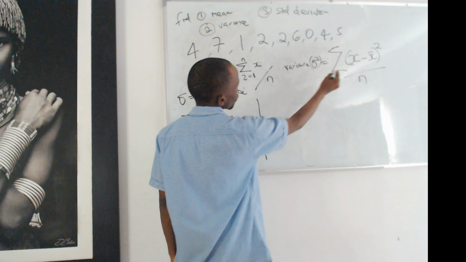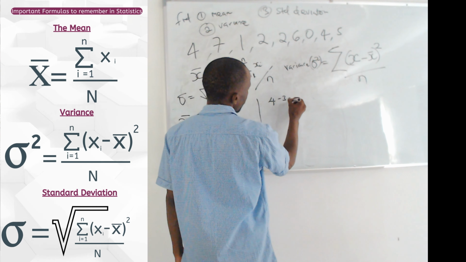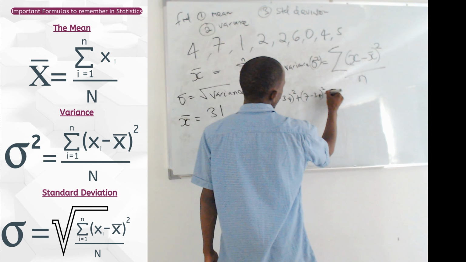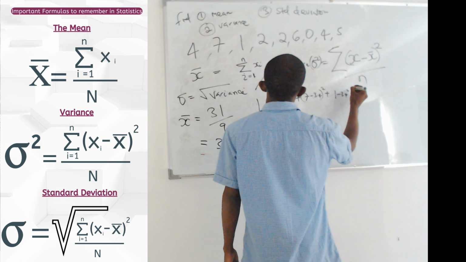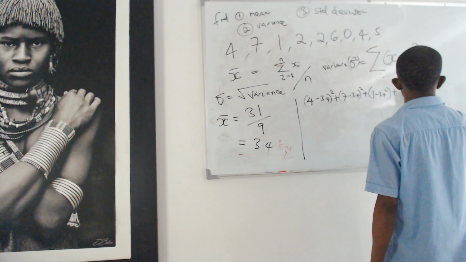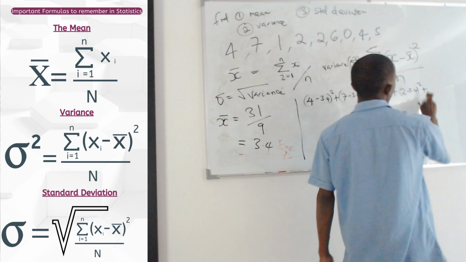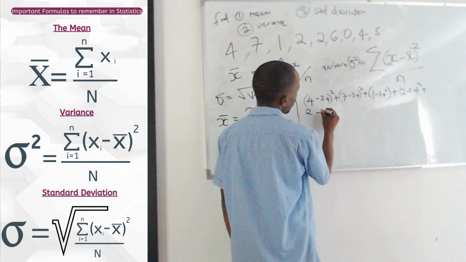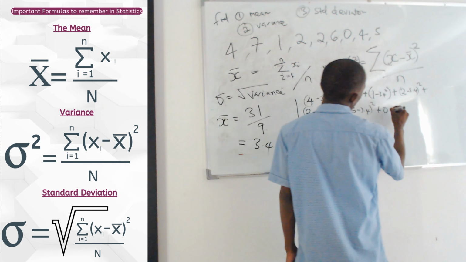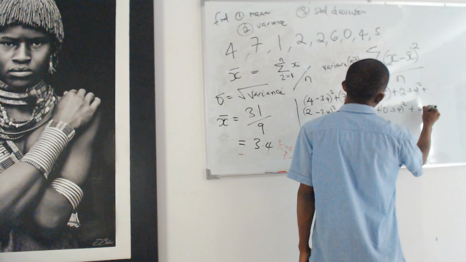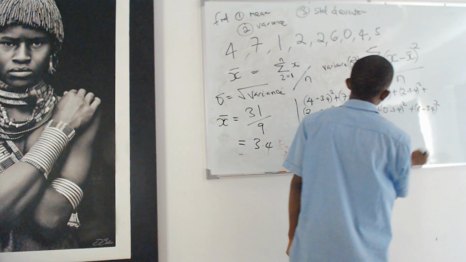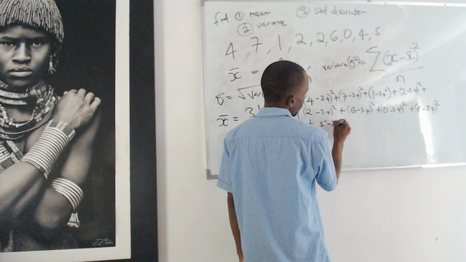So the variance is going to be equivalent to 4 minus 3.4 squared, plus 7 minus 3.4 squared, plus 1 minus 3.4 squared, 2 minus 3.4 squared, plus another 2 minus 3.4 squared, plus 6 minus 3.4 squared, plus 0 minus 3.4 squared, plus 4 minus 3.4 squared, and finally plus 5 minus 3.4 squared.